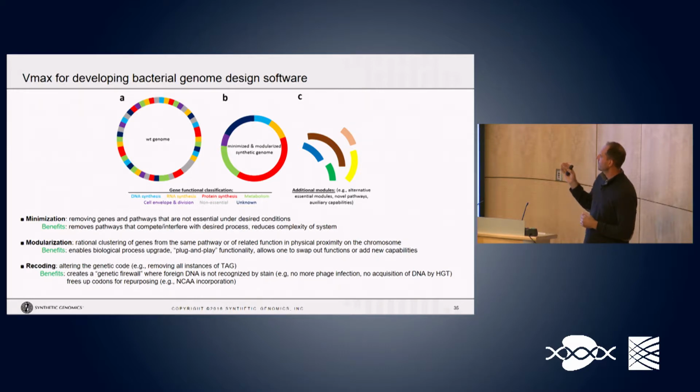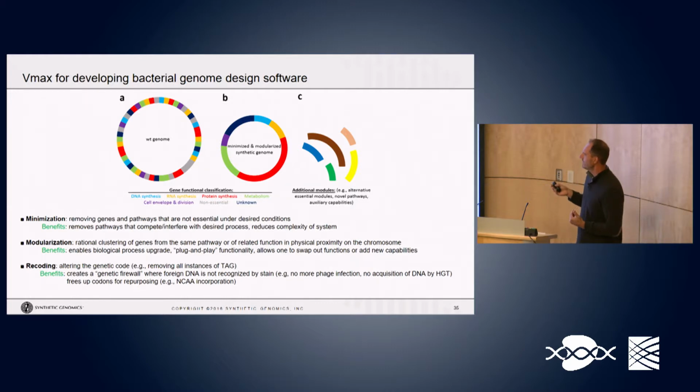So this is what's currently in the works with Vmax. For reasons that I've already mentioned, and because the design-build-test cycle is accelerated using Vmax, we're using Vmax to develop our bacterial genome design software. We imagine building a Vmax genome that's completely minimized, modularized, and recoded. Some of the benefits from an industrial applications point of view: with minimization, you remove pathways that either compete or interfere with the desired process.